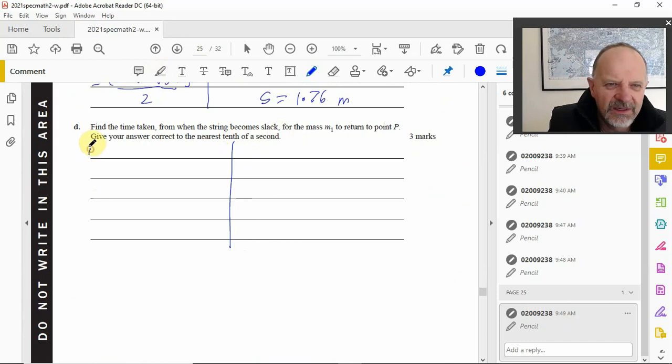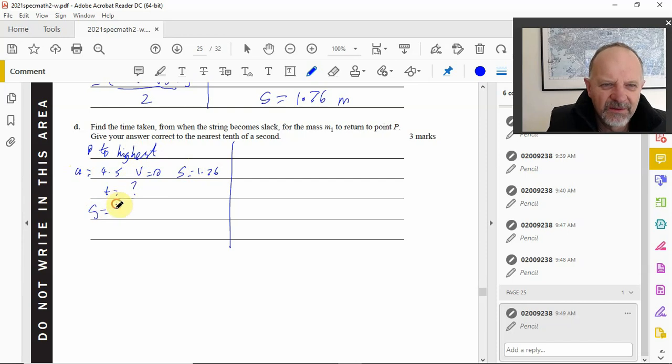So P to highest point. And we've got some information. We know that u at P is 4.5. At the highest point, v is 0. We just found out how far it travels, and then we want to know the time.